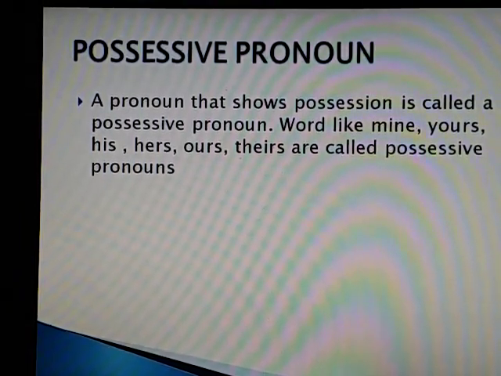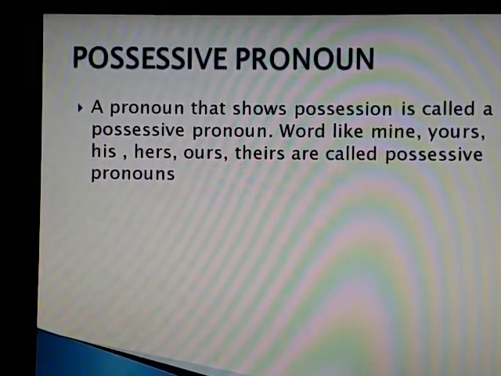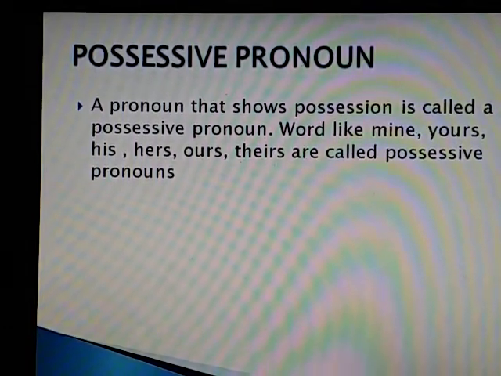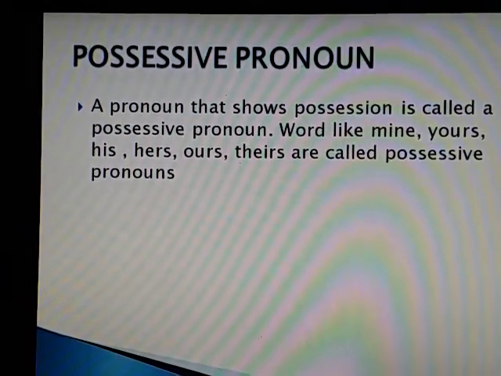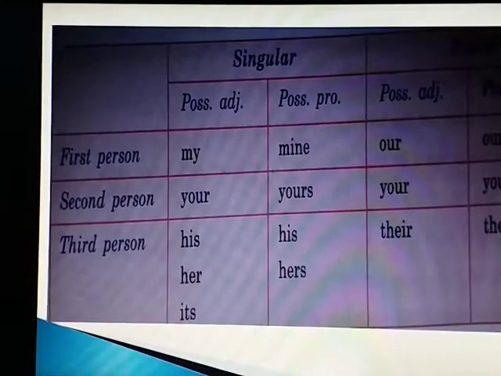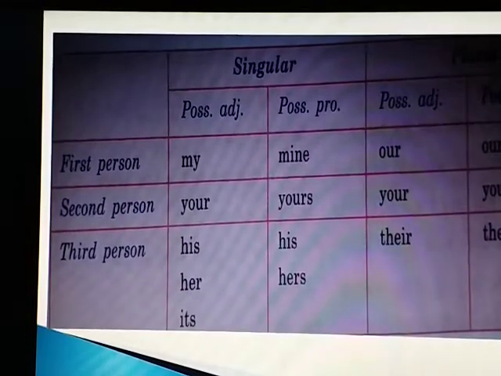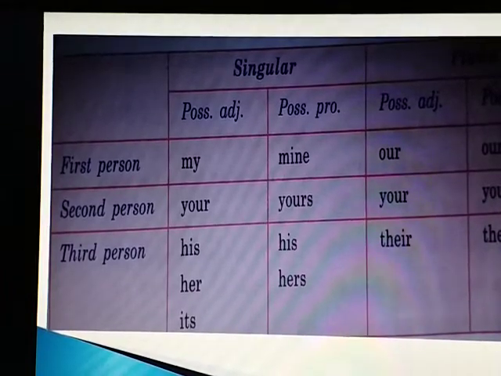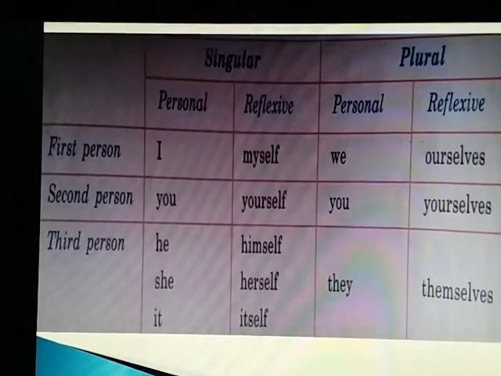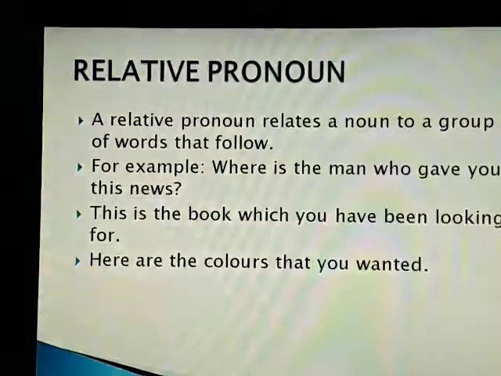Possessive pronouns are sometimes confused with possessive adjectives. However, a possessive adjective comes before a noun and qualifies it, and a possessive pronoun comes after the noun. Here is a chart of possessive adjectives and possessive pronouns. Here is the chart of personal pronouns and reflexive pronouns.